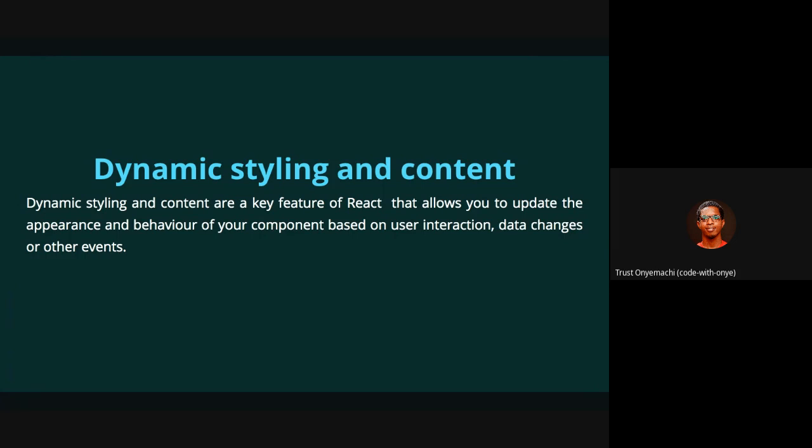So dynamic styling and content are a key feature of React that allows you to update the appearance and behavior of a component based on user interaction, data changes, or other events. With dynamic styling and content, you can dynamically change the content, appearance and behavior of the website. Let's see an example of what that actually means.